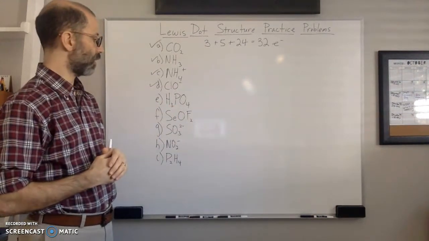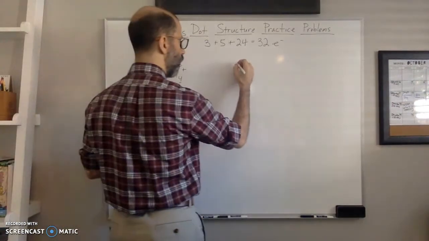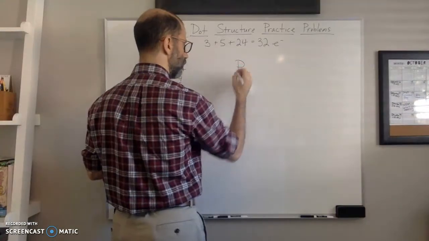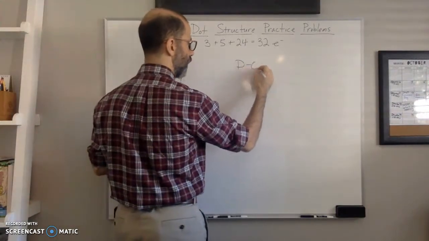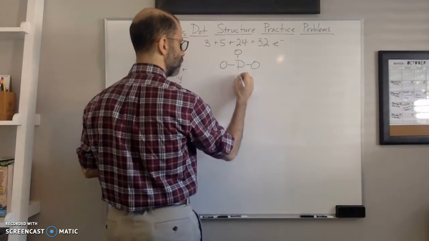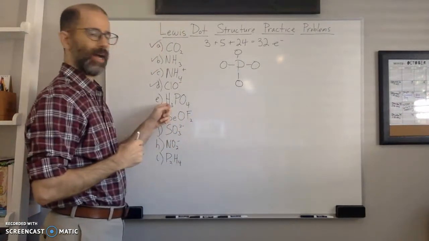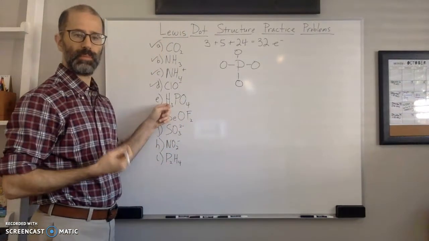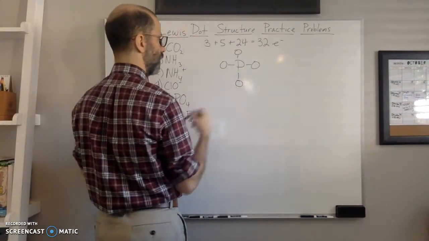So let's follow our steps here. We're given phosphorus as our central atom. We have 4 oxygens. So the 4 oxygens are going to be bonded to the phosphorus. And for our 3 hydrogens, 1 hydrogen is going to be bonded to each of 3 of the oxygens.